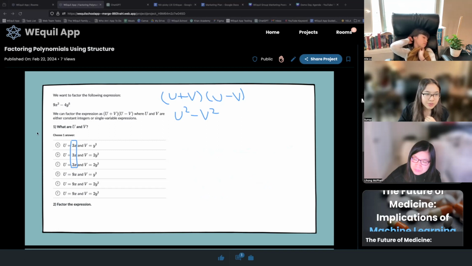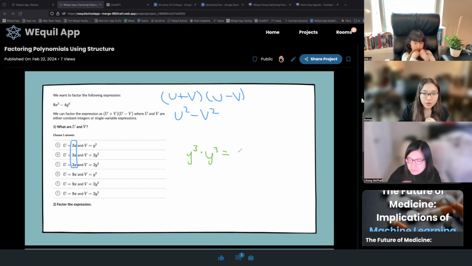Now we just need to find v by thinking, what's the square root of 4y to the power of 6? And y to the power of 3 times y to the power of 3 equals y to the power of 3 plus 3, given the nature of radicals and rational exponents, which we talked about earlier, which also equals y to the power of 6.